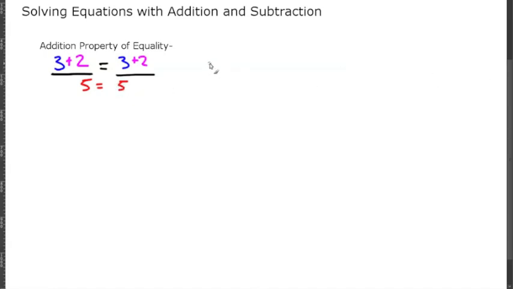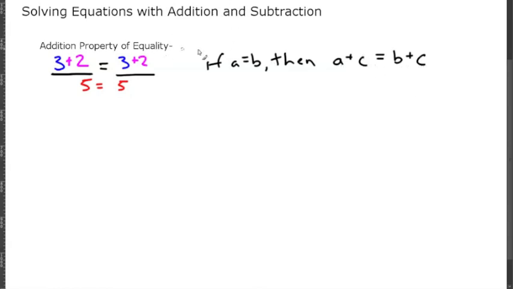With that being said, if A equals B, then A plus C is also equal to B plus C. That's saying if A and B were the 3, and we added a 2 to both of them, 3 plus 2 is still equal to 3 plus 2.